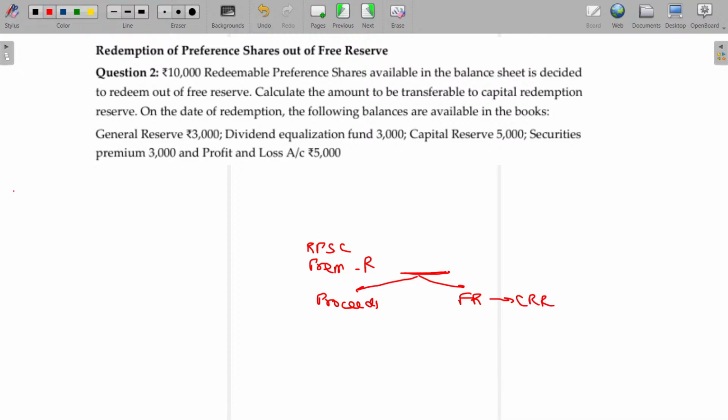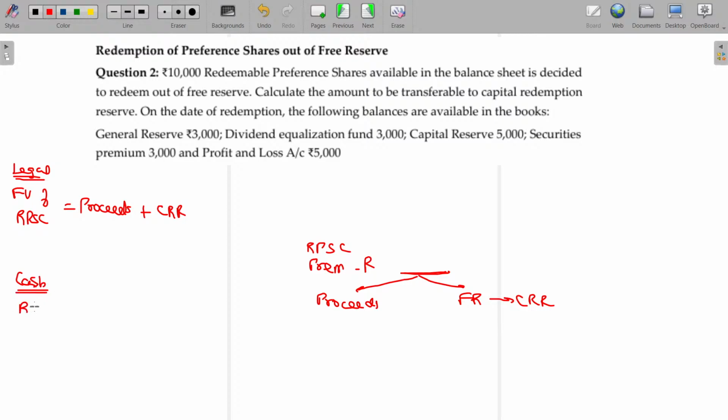And cross verify, face value of redeemable preference share capital should be equivalent to proceeds collected plus CRR transferred. And for the fund, this is the legal requirement. And next one being cash, arranging the cash.